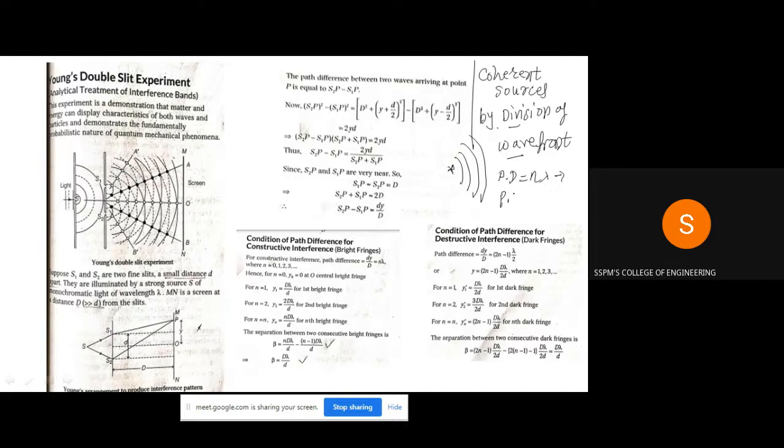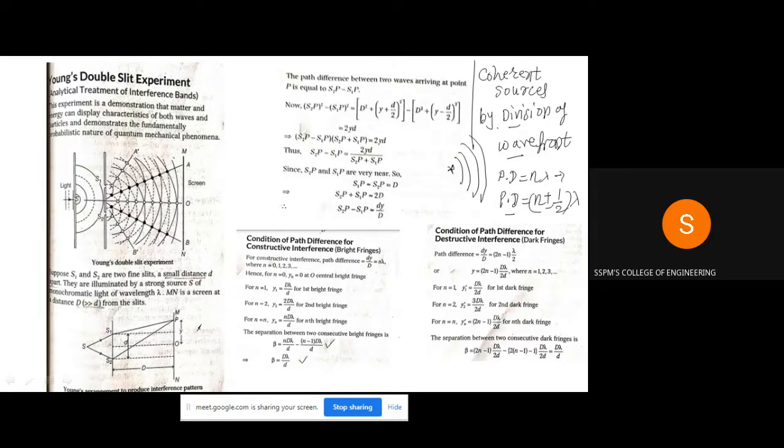And if the path difference is equal to (n plus or minus half) into lambda, that is the condition for destructive interference. There are two methods: the first is division of wavefront and the second is division of amplitude.